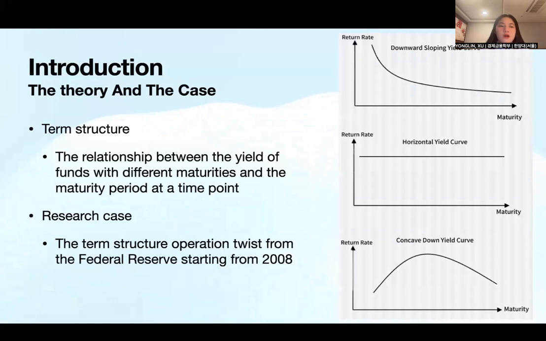Firstly, this is my introduction, and I split it into two parts. Firstly is the theory introduction, and secondly is the case introduction. For the first part, the basic theory that we're going to use in this study is the term structure, which I said in the topic. This theory basically shows the relationship between the yields of funds with different maturities and the maturity period at the time point.